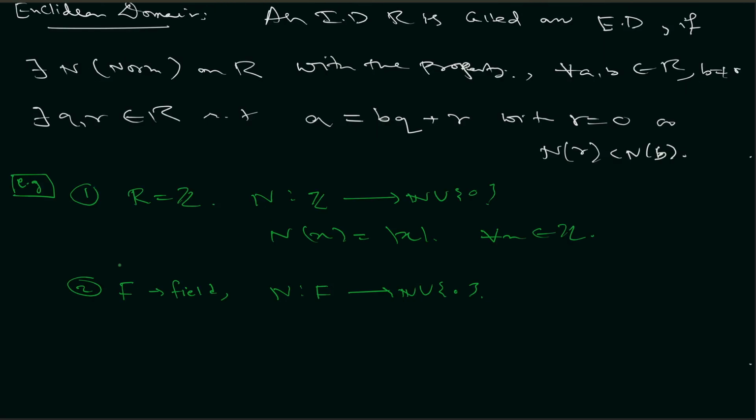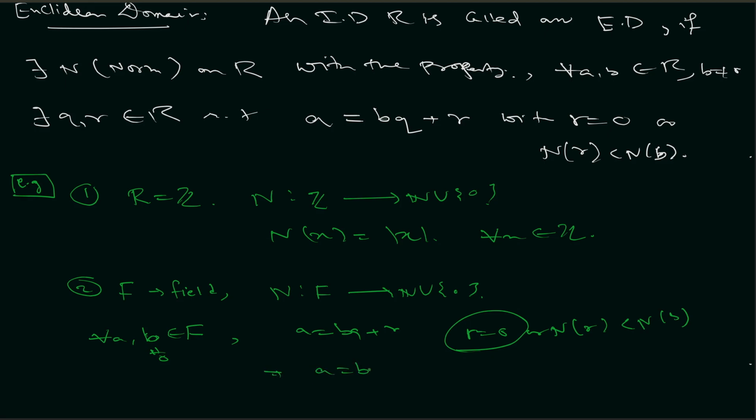Suppose for every a, b in this field F with b non-zero, a can be written as bq + r. You have to write it in this format, right? Either r equals 0 or norm of r is less than norm of b. Without loss of generality, you can take r to be 0.